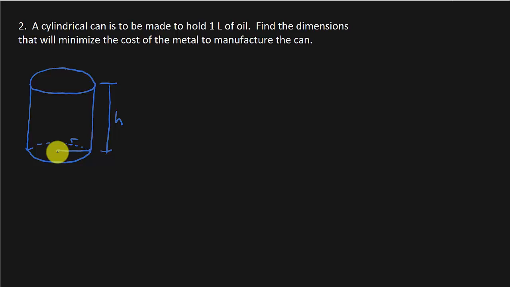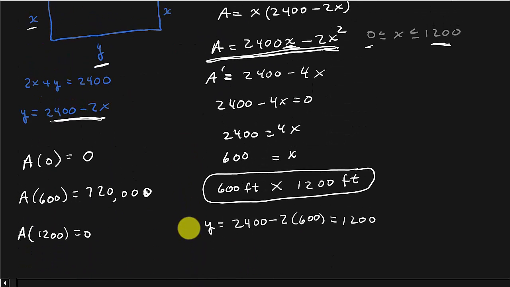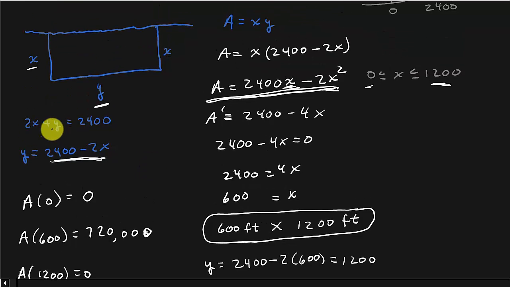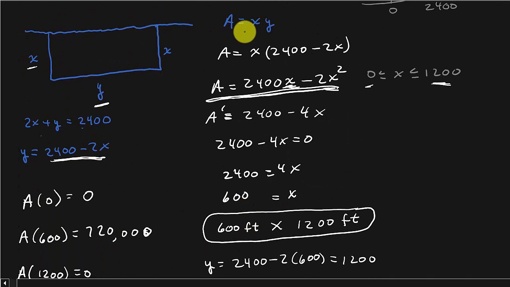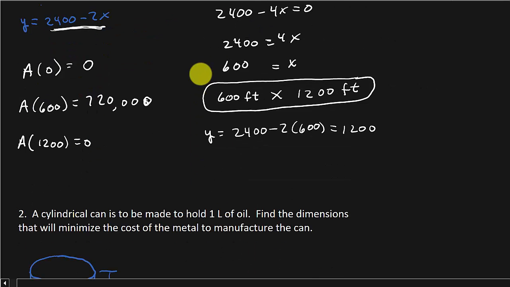We're going to have two equations: the information that it gives us, from which we come up with an equation, kind of like we did up here where we got 2x plus y equals 2400. And then we're going to have to come up with a function that we need to minimize, like we did here.